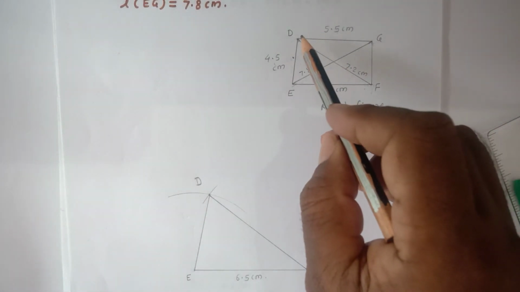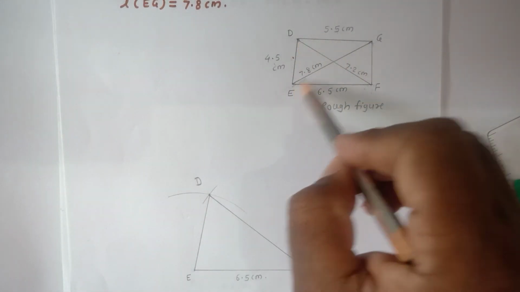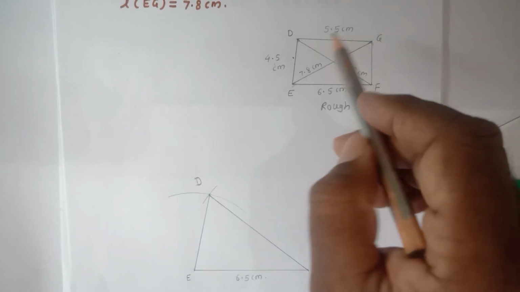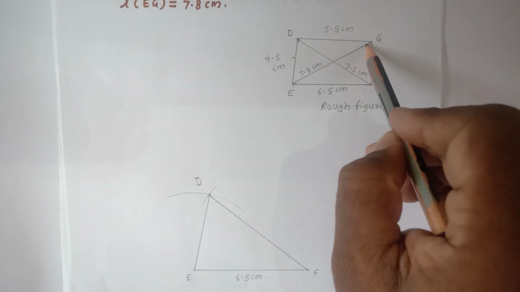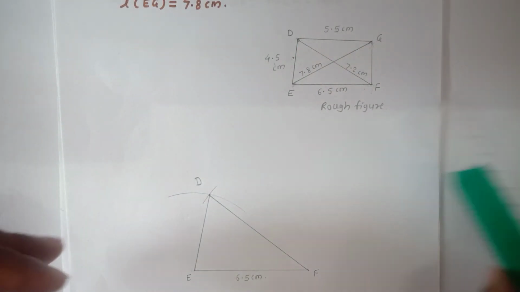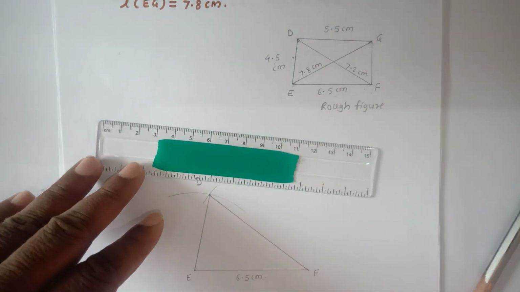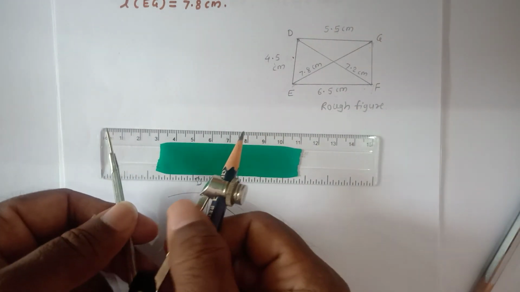Now we have to construct triangle DEG. Now take distance 5.5 centimeter in a compass.